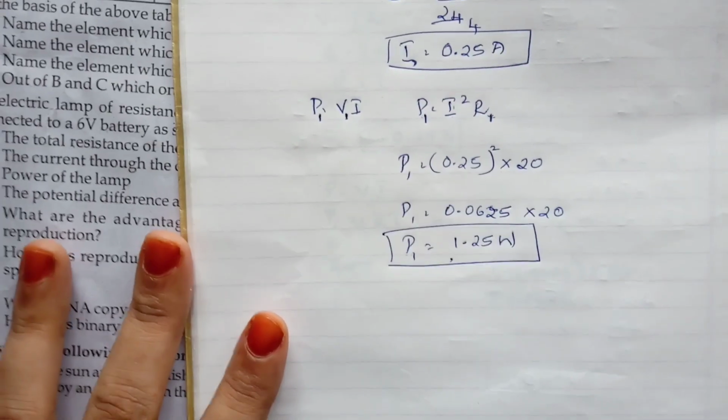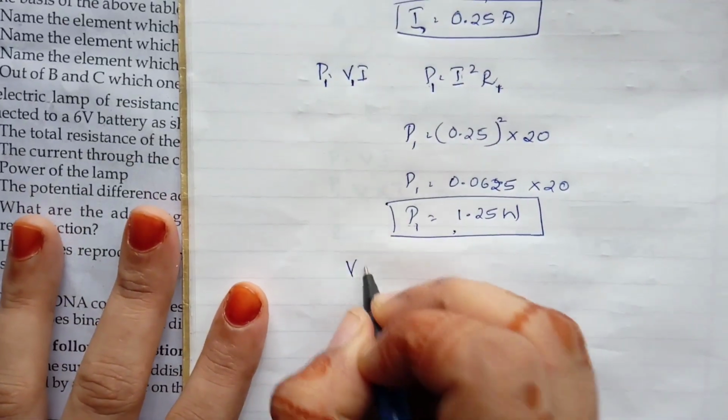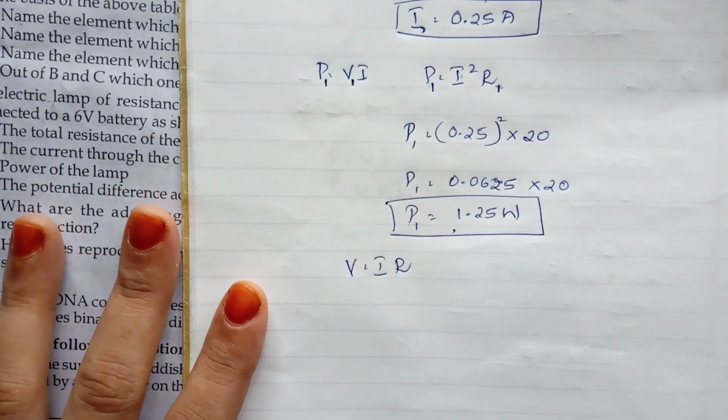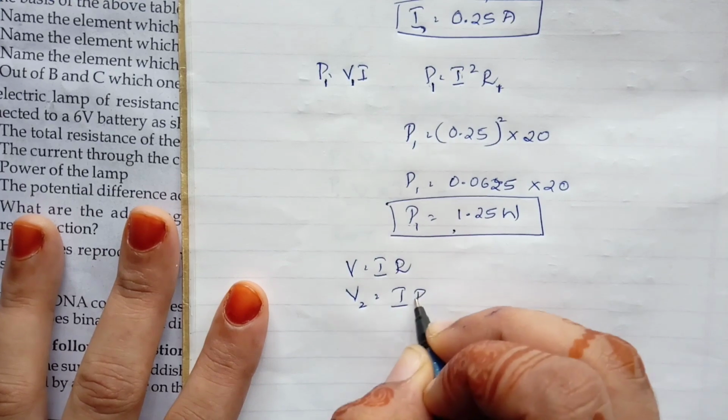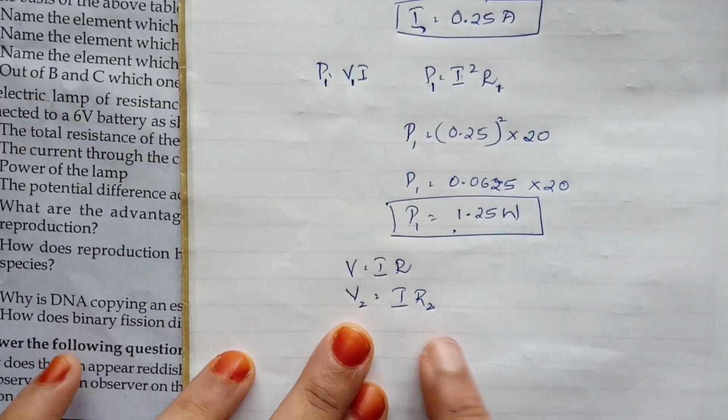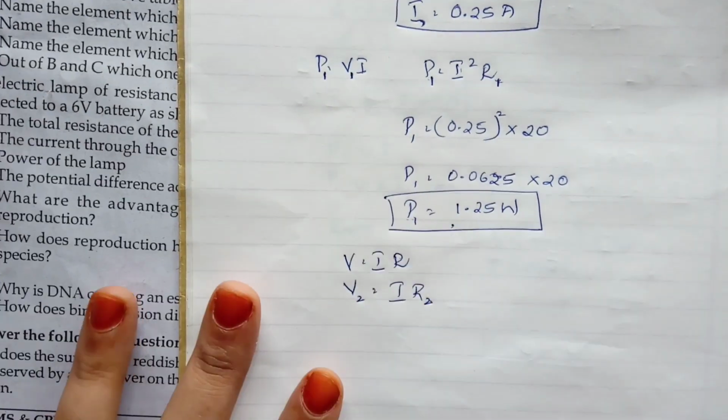Next I need to go for V2. As usual, the formula for V is nothing but IR. Since I'm finding it for the conductor, the resistance also should be of the conductor.